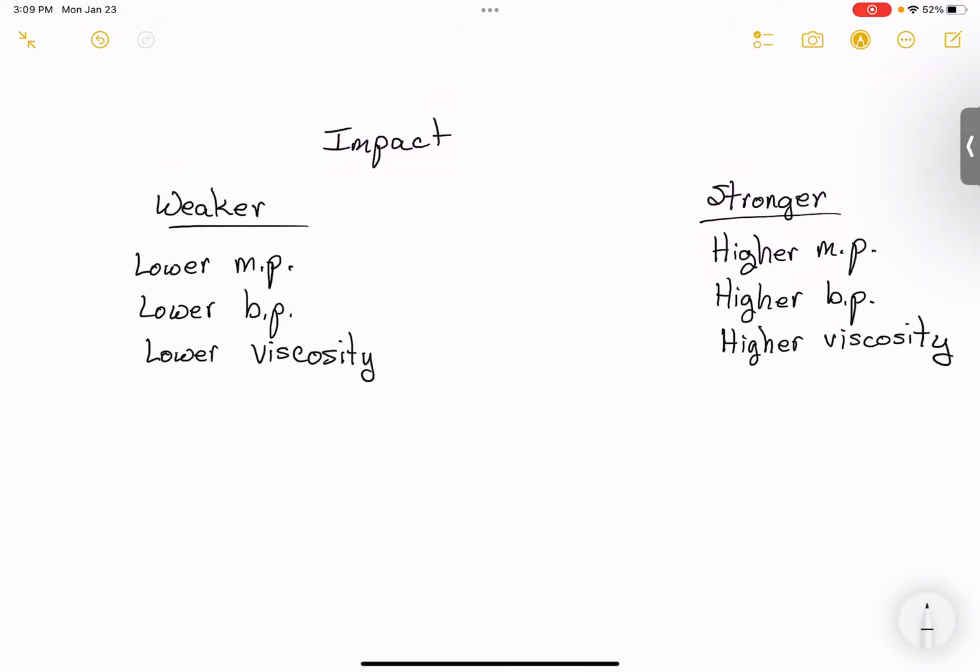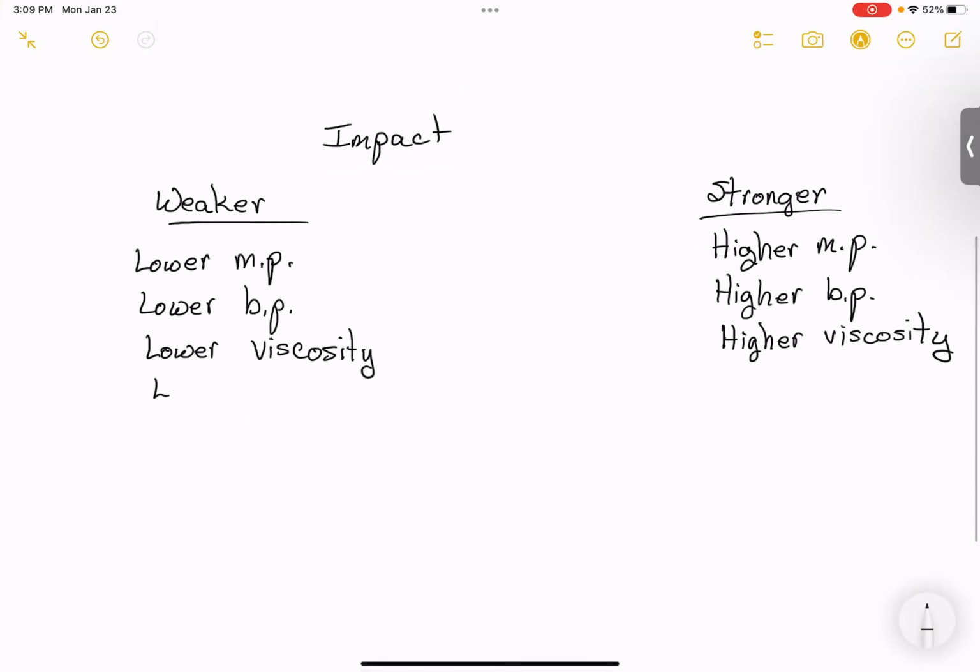We've talked about it with respect to capillary action. If you have weaker intermolecular forces, you're going to have less capillary action. Now, I didn't actually take much time to explain what capillary action was, because ideally you're watching the videos.